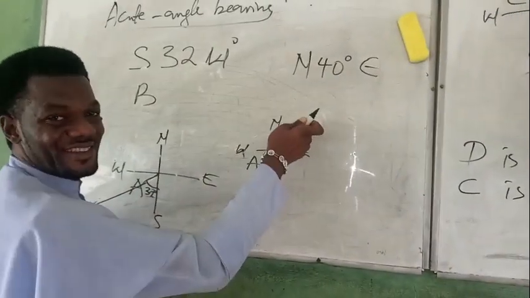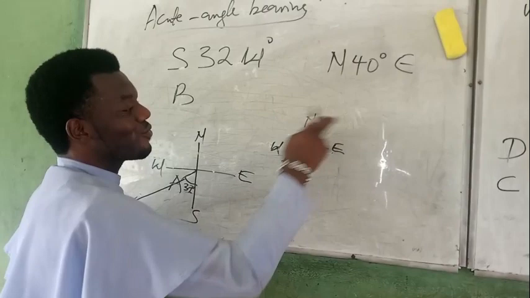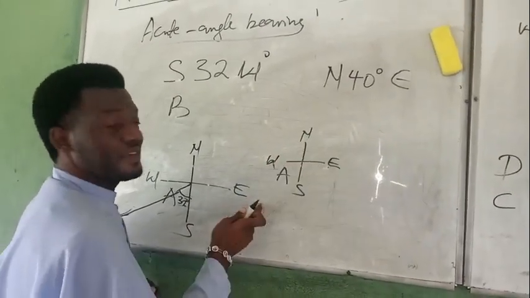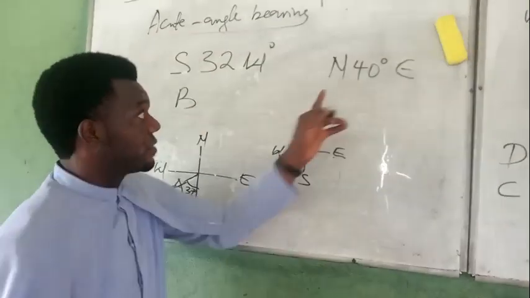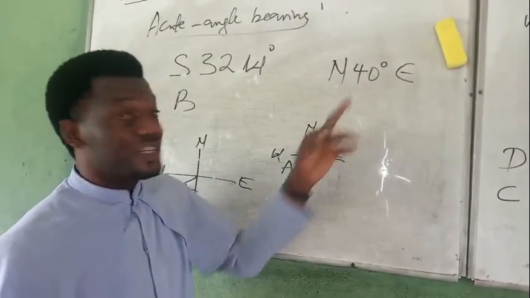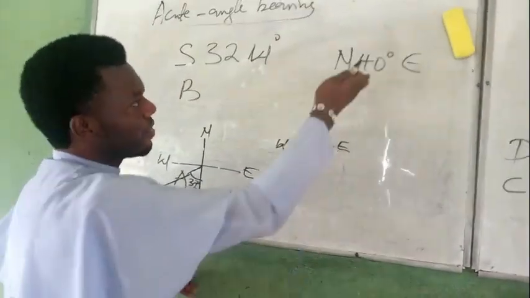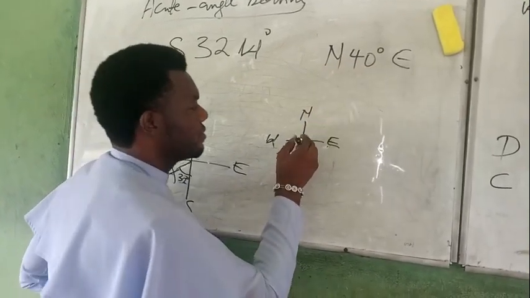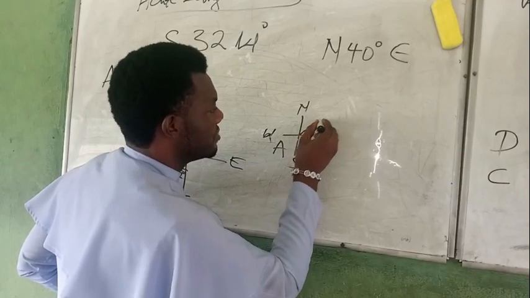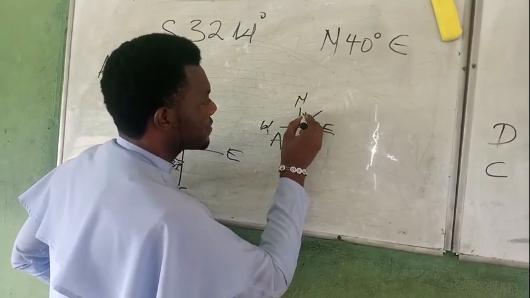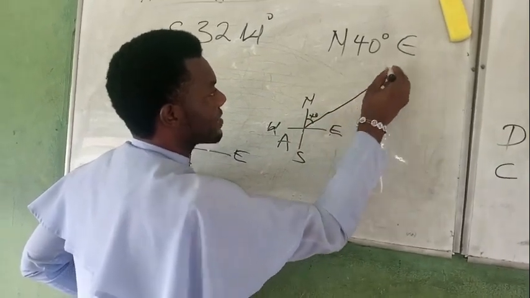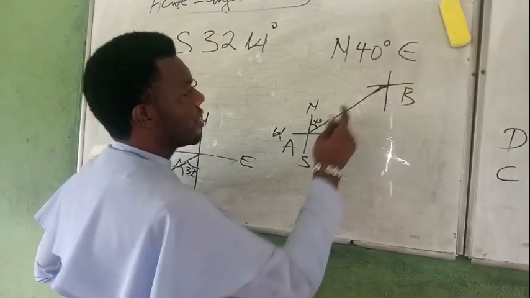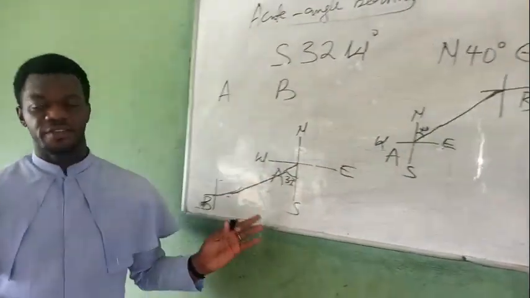Of course, this direction. If it is northwest, here; southwest, here; southeast, here. So always note, the two directions will determine the direction. To locate this north 40 degrees east, we find it here, meaning that from here to here is 40 degrees. So B should be found northeast, and that is the way it is drawn.